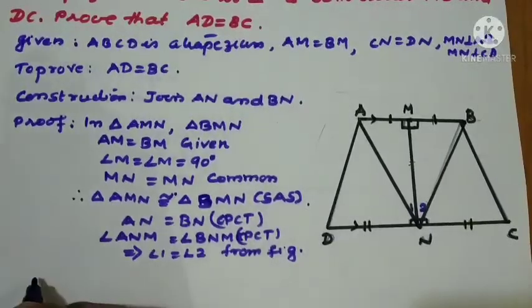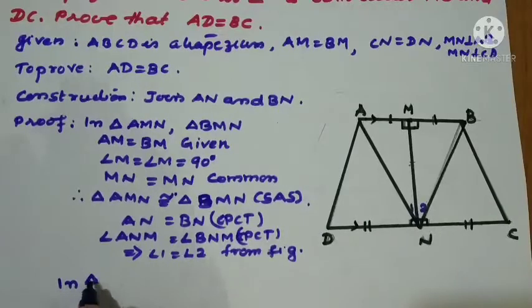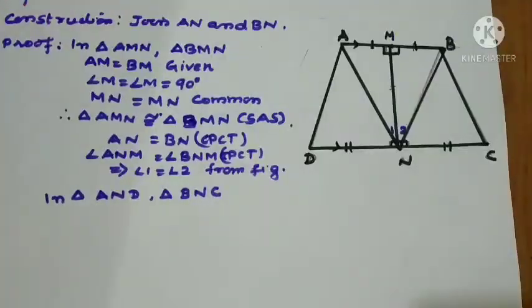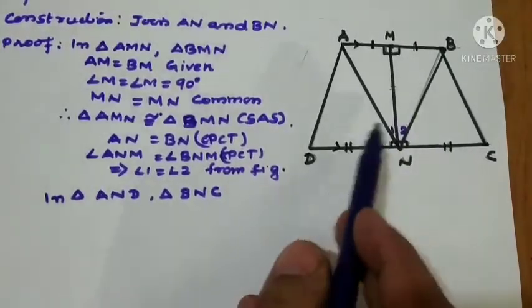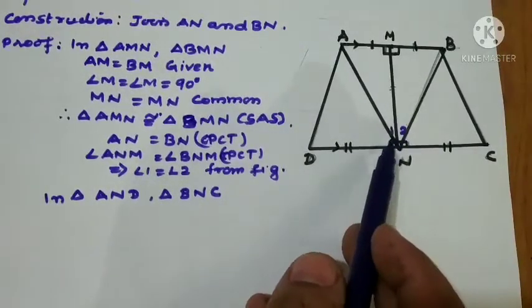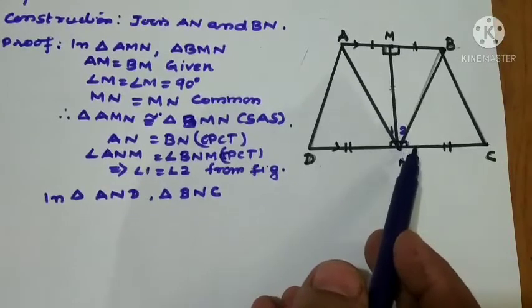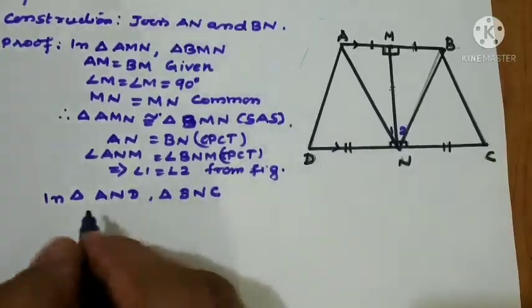So in triangle AND and triangle BNC, already we have written angle 1 equals angle 2, but the whole angle is 90 only. So 90 minus 1, again 90 minus 2, because both values are the same, we can write both are the same.